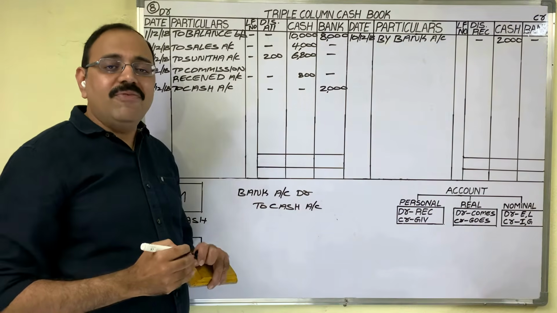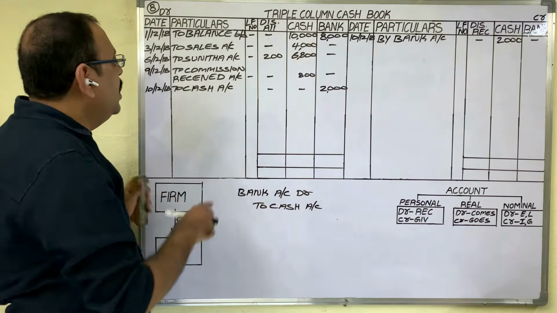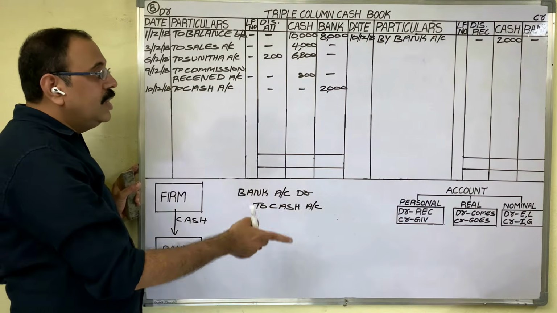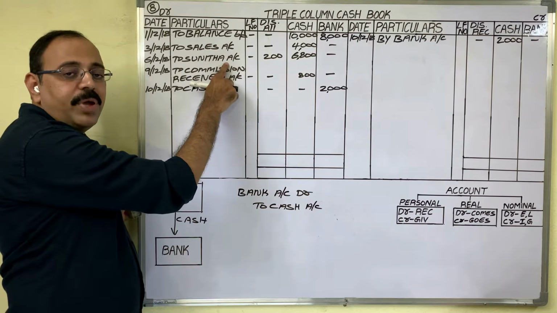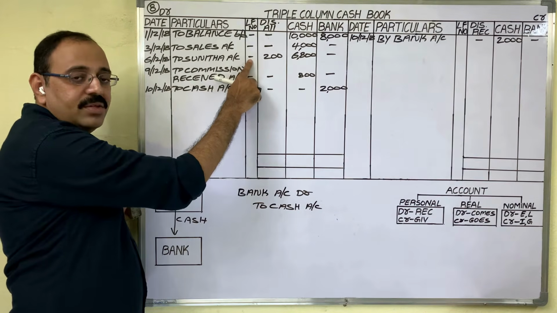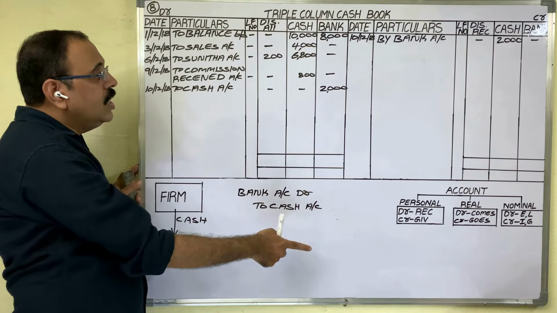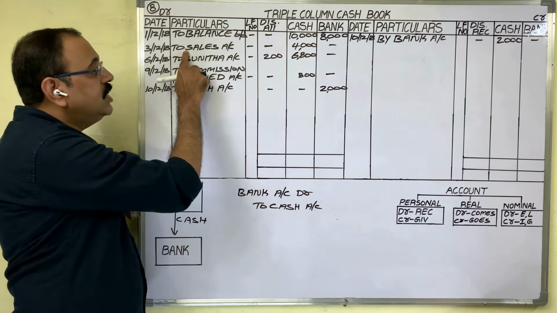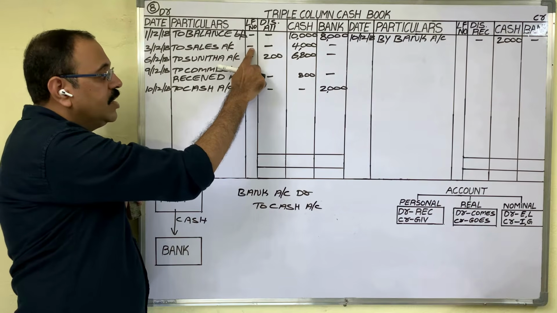Now come to LF number column. In case of other transactions, in ledger book, the page on which Sunitha's account is prepared, that page number we mention here. In ledger book, the page on which sales account is prepared, that page number we mention here.